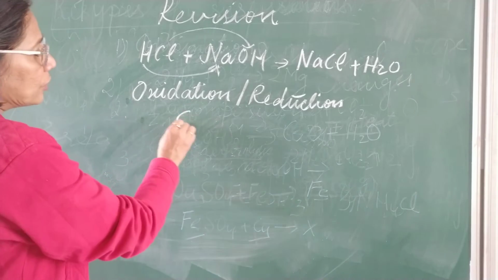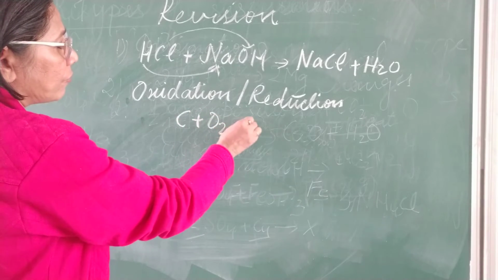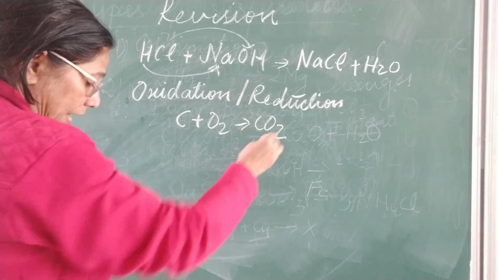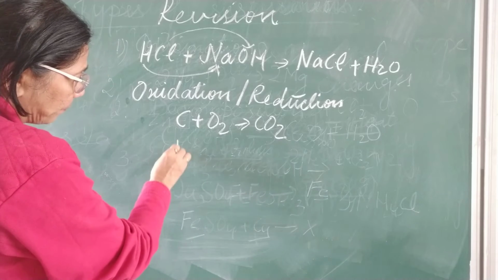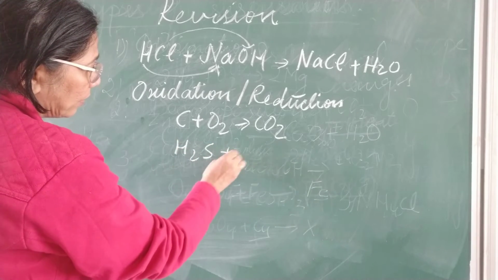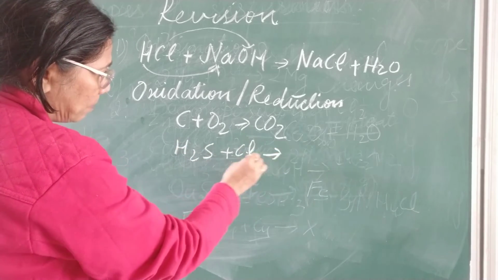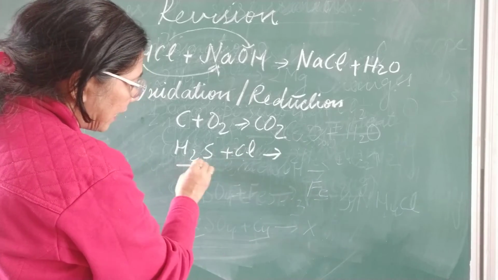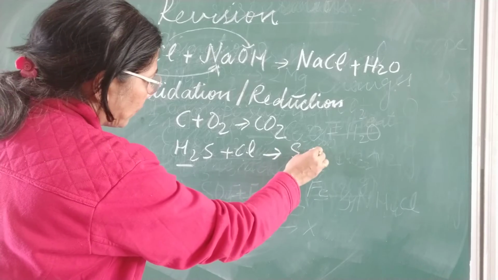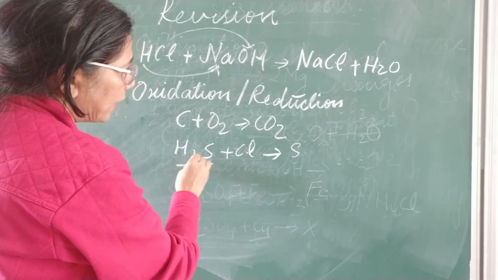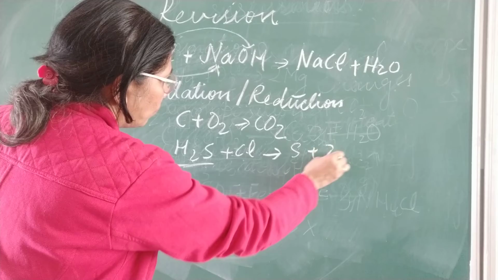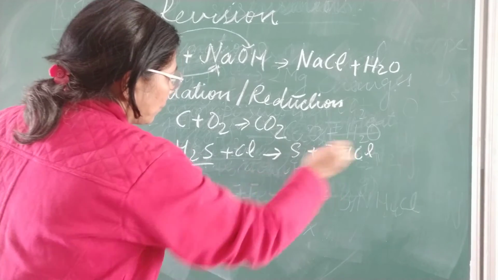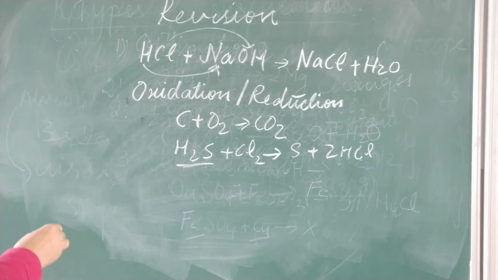So here just you see in this case addition of oxygen is taking place, and in other one you see removal of hydrogen is taking place. Okay, like from this compound, hydrogen is removed and it is formed 2HCl. Okay, so oxidation reaction is this.